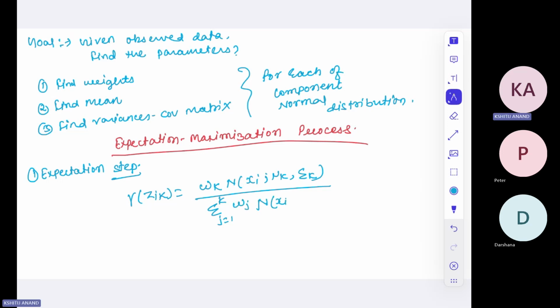Let me write down the formula. I know it is a bit complex, but it's quite simple. Let me explain in simple words. This particular thing is called responsibility.